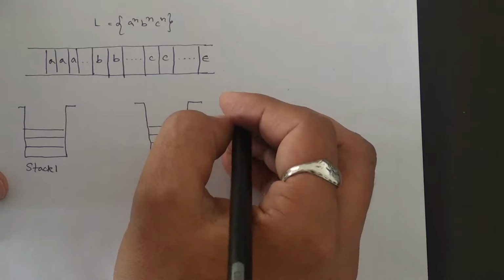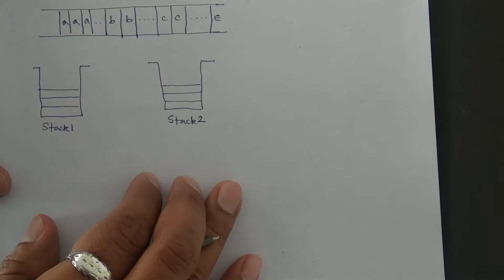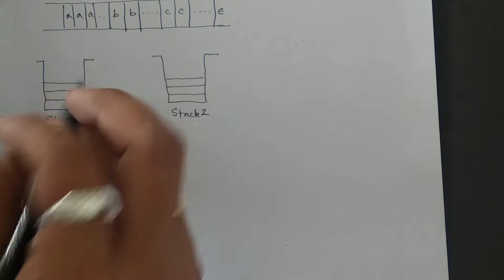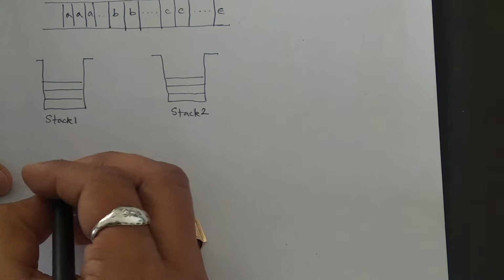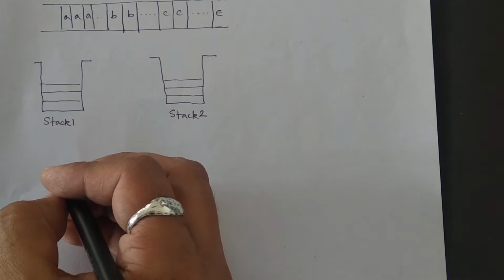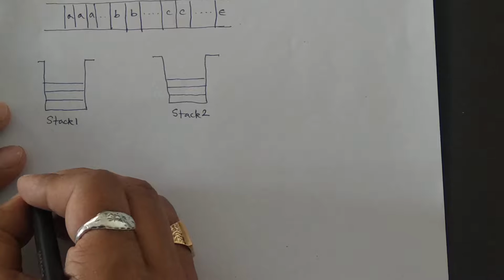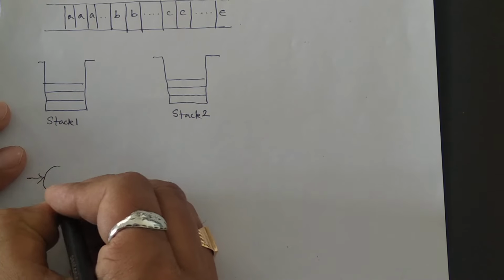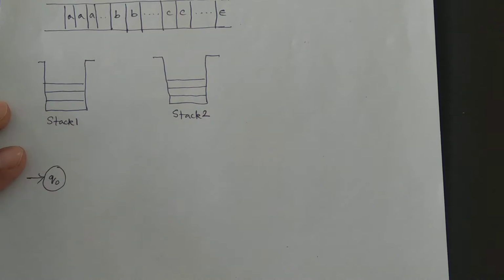Now if I talk about this particular string, the initial state will be like this. I'm taking Q0 as the initial state.